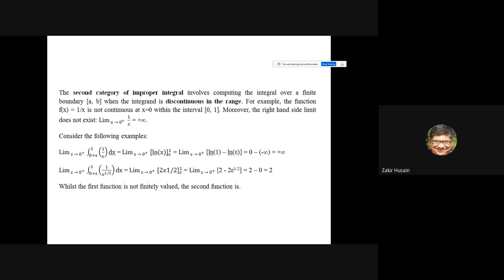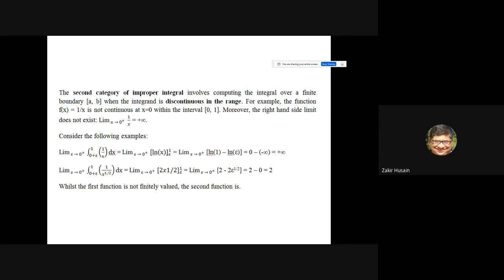That is the problem. As we go on increasing the value of x, the value will fall. So what we are seeing is that as we increase x, the function will go on decreasing. So there's no right hand side boundary.